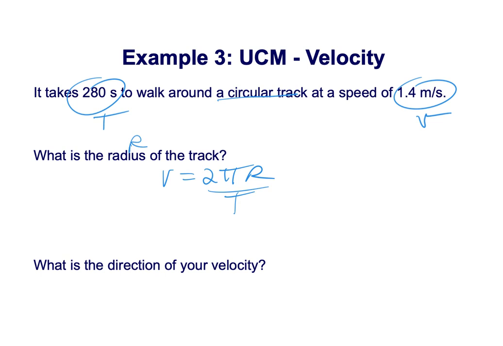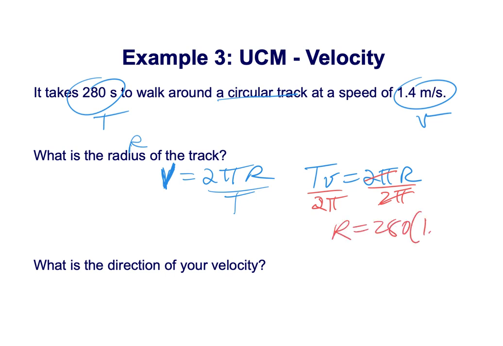I'm going to mess around with the symbols first so I don't have to write so much. So t times v equals 2 pi r, and divide both sides by 2 pi to get rid of it. So r is equal to 280 times 1.4 divided by 2 pi.